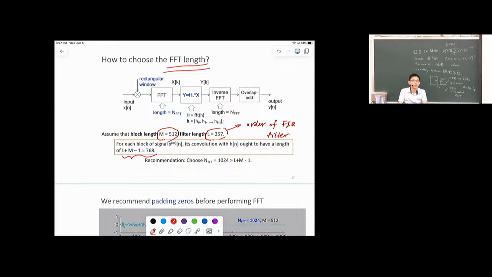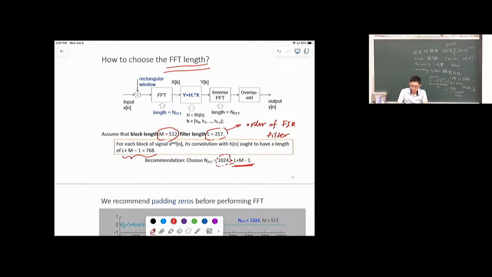I'll explain why. The FFT length needs to be greater than or equal to L plus m minus 1, and usually we choose a power of 2.